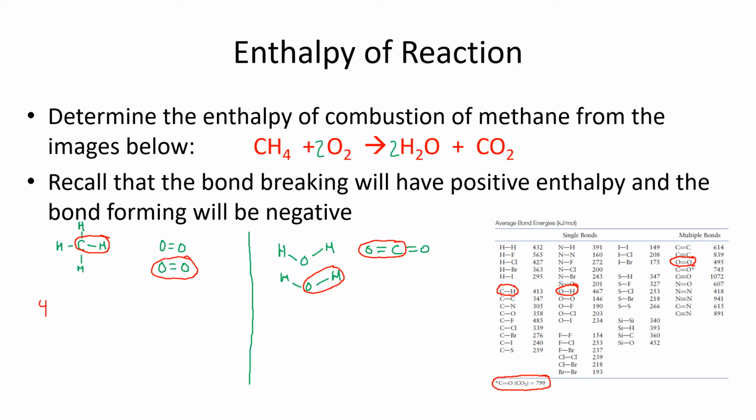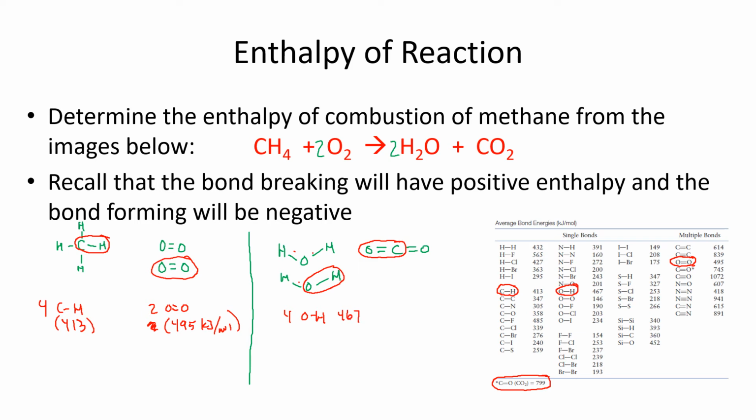So we got 4 C to H bonds, and we've got 2 O to O bonds. The C to H bond's 413. And the 2 O to O bonds, the O to O bond is 495 kilojoules per mole. And this O to H, we've got 1, 2, 3, 4 O to H bonds, which are 467.